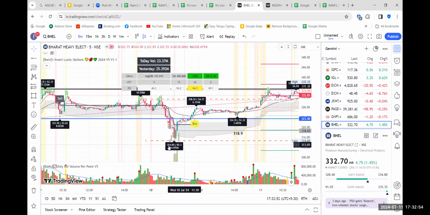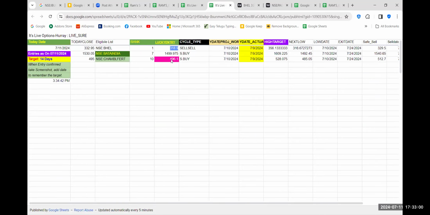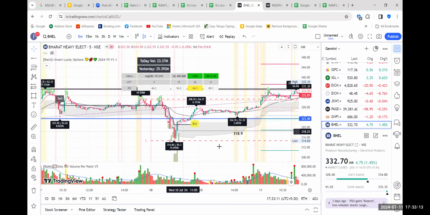The low pivot created is 314.60, whereas in Chambal Fertilizers, 493 is the pivot, right? A 3 rupees difference. Yeah, exactly. Our entry is 496 and the low pivot created is 493. In the case of BHEL, our entry is 318, whereas the low pivot created is 314.60.